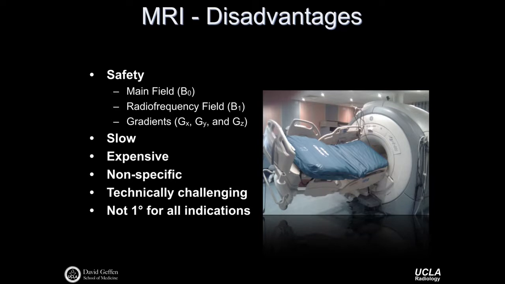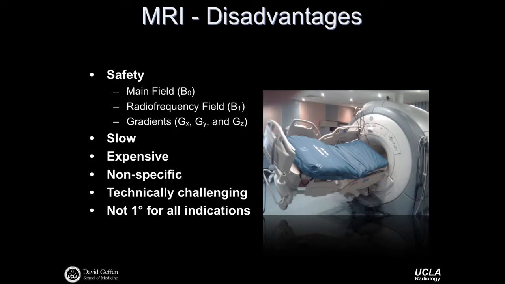The B0 field is responsible for the so-called projectile effect, the fact that ferromagnetic objects can be attracted to the scanner, as shown here in this emergency cart, being stuck to the side of the MRI scanner. And one of the biggest safety considerations is the presence of ferromagnetic devices in the MRI scanner, which should be prohibited at all times.